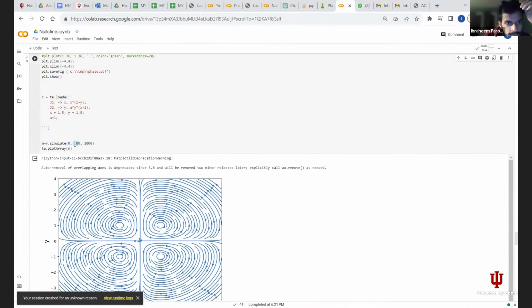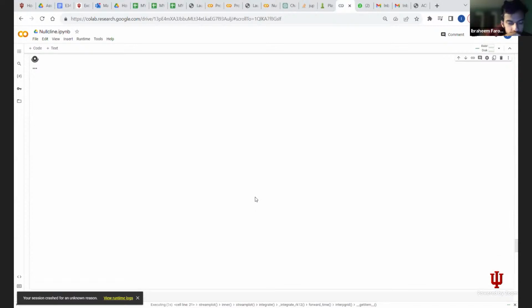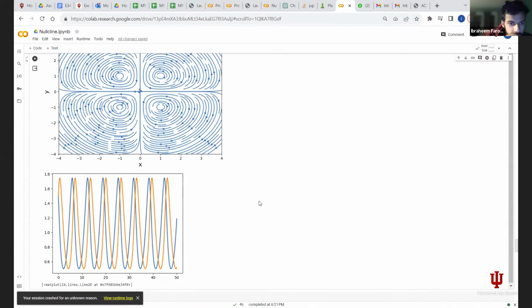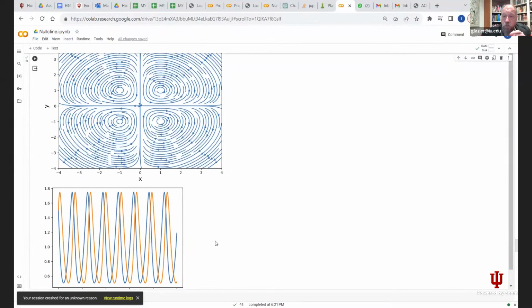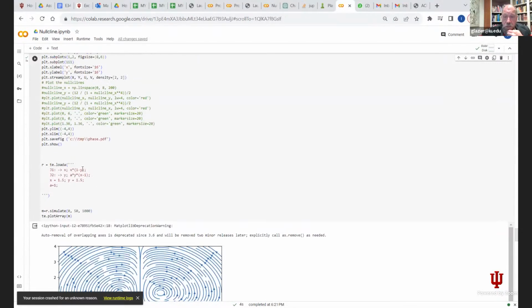See, it's still behaving pretty well. And okay, so that's very well behaved. Now put the squares back and see what happens.